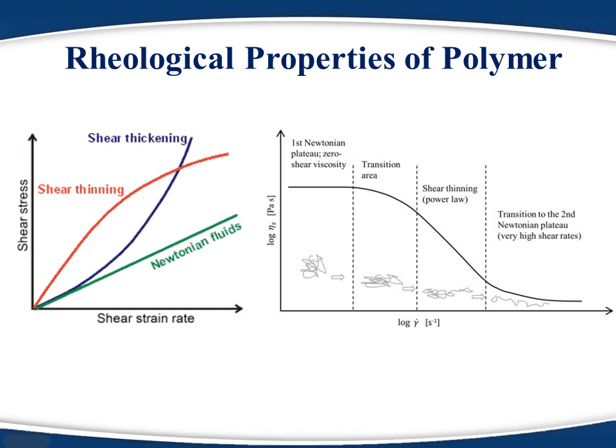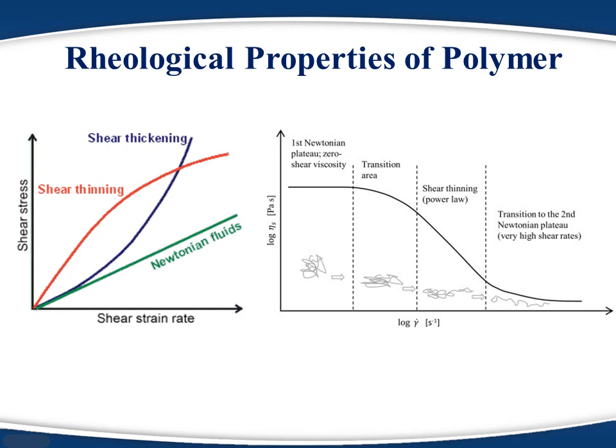In the right graph, we can see that the viscosity of polymer changes from Newtonian behavior to very low viscosity at high strain rate. The change in viscosity is the result of chain disentanglement and orientation in the stress direction. The majority of polymers show either shear thinning behavior, which means a decrease in viscosity at higher strain rate, or shear thickening behavior, which means an increase in viscosity at higher strain rate.